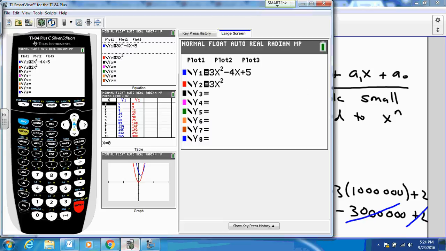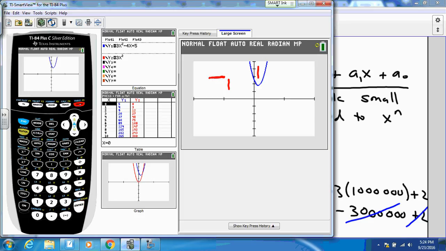Just to illustrate this with a graph, I want to consider two functions that I have here. I've got f of x equals 3x squared minus 4x plus 5, and I have g of x equals 3x squared. So this is a polynomial, and this is just the highest powered term of that polynomial.